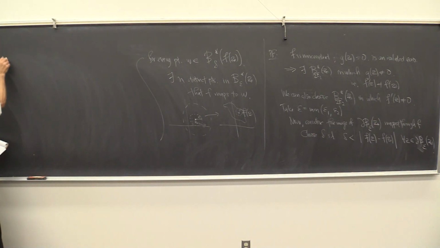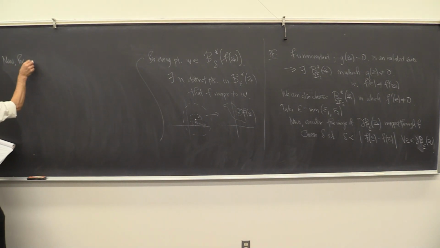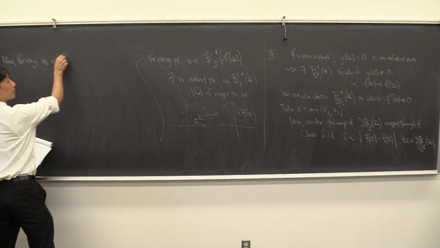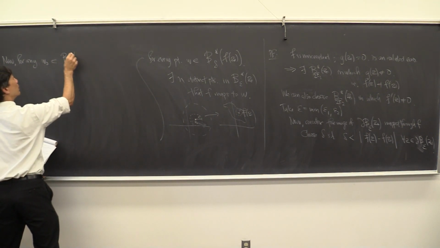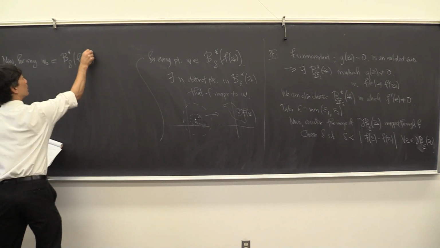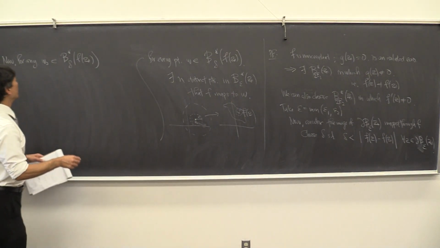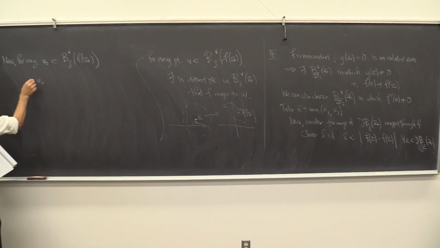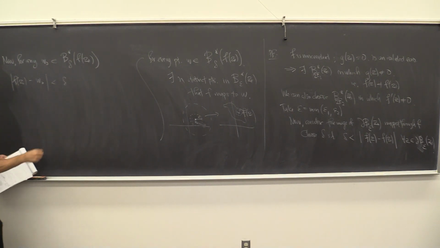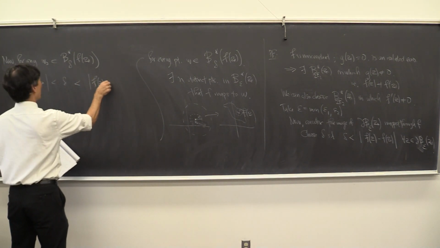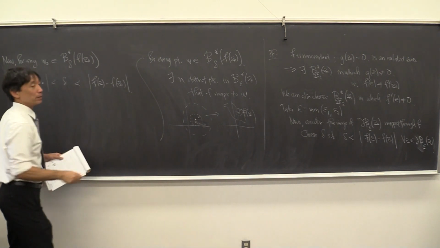Now, for any point w naught that sits inside that delta neighborhood, the distance of that point to f of z naught is smaller than delta, because you're inside the delta neighborhood. And delta in turn is smaller than f of z minus f of z naught, the distance of f of z to f of z naught.